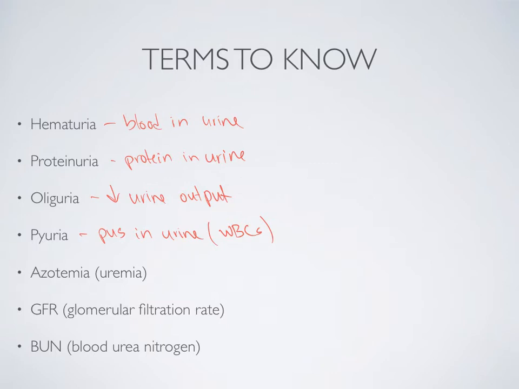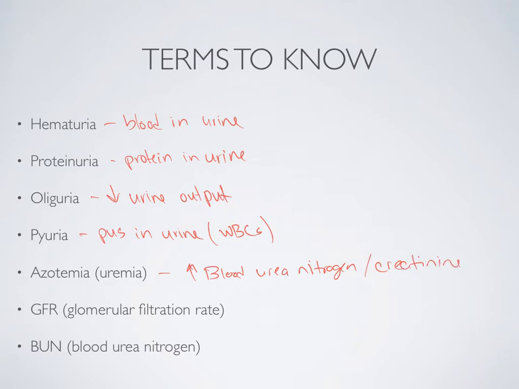Azotemia. So azotemia means you have an increase in blood urea nitrogen, and also creatinine.